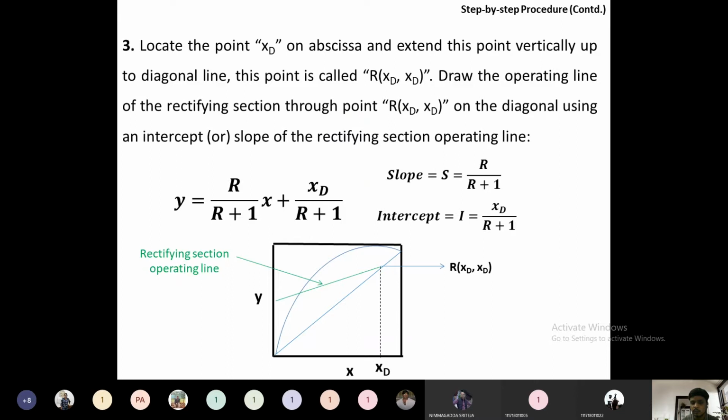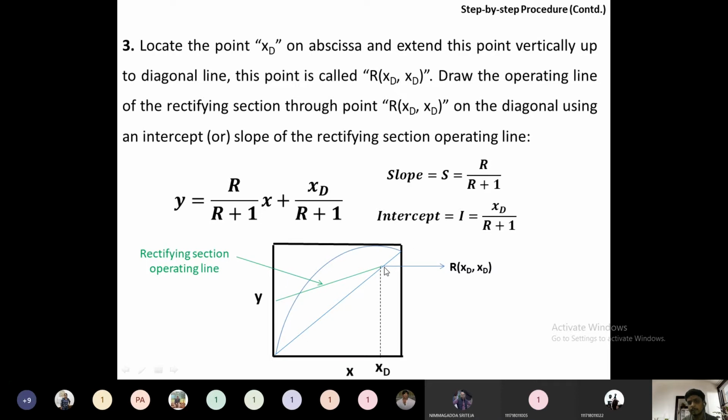Next, the third step: first we have to locate our xD on the x-axis, the abscissa. Then we project this xD up to the diagonal, and this point is referred to as the point (xD, xD). Because it is projected up to the diagonal, the same value will be there on the y-axis also.